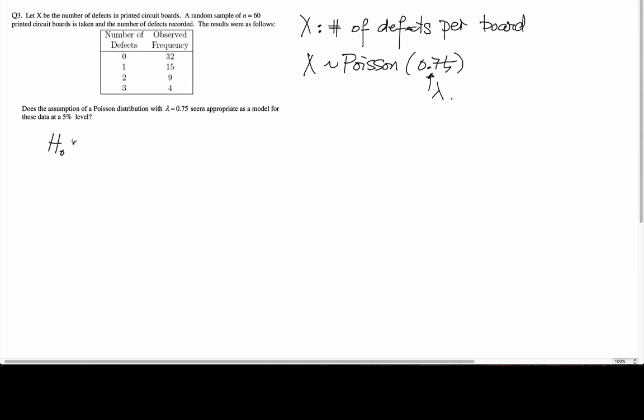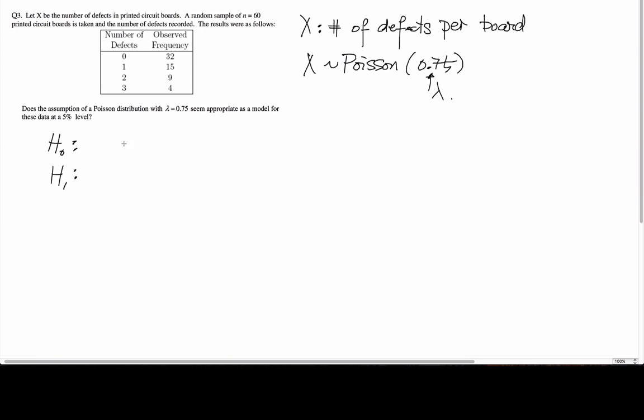So our null hypothesis versus our alternate, just like in question number 2 and question number 1, guys, the null hypothesis is that x came from some distribution. In the first question, our null hypothesis was that x, the result of a roll of the die, came from a uniform distribution. In the second one, there was no particular name for that distribution, but it was asking whether the probability of age group 1, 2, 3, and 4 were equal to the prescribed 30%, 40%, 20%, and 10%.